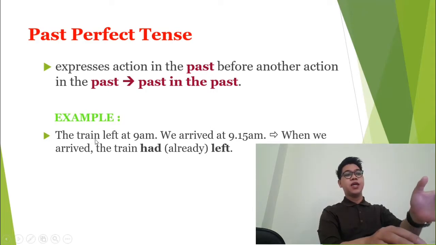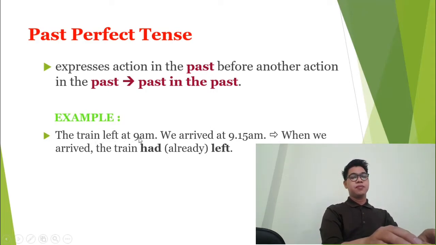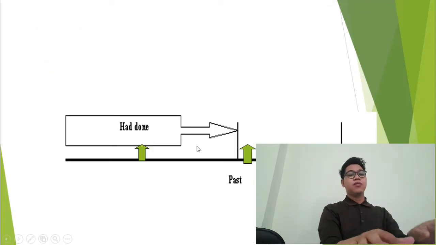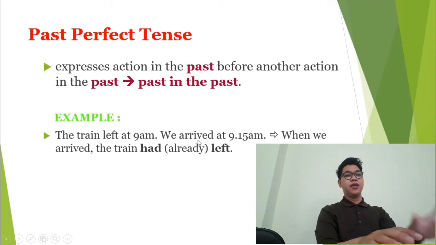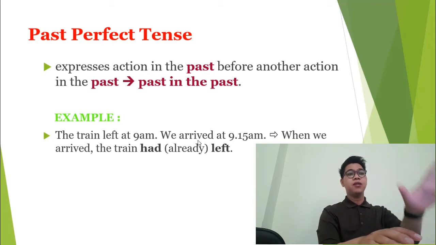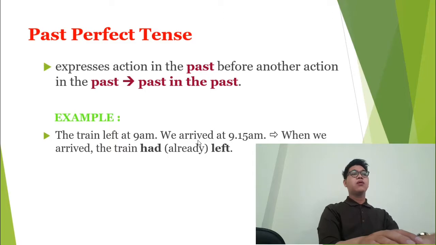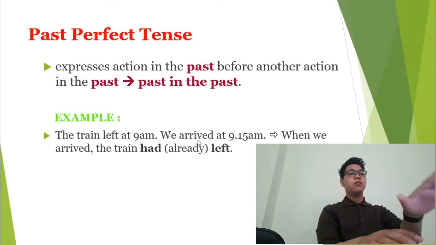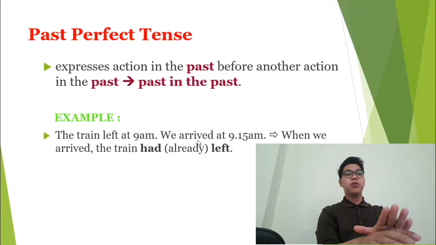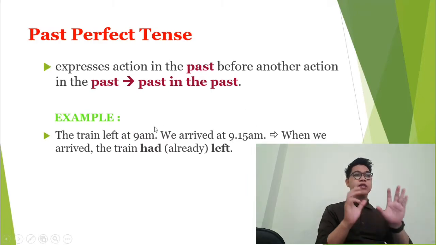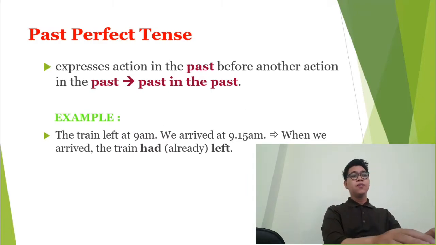The train left at 9 p.m. We arrived at 15 past 9. The train had already left. This example makes the point for the past perfect tense.